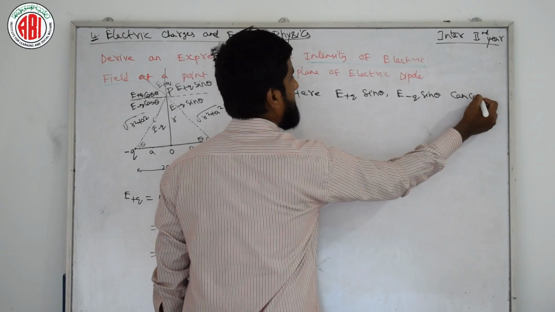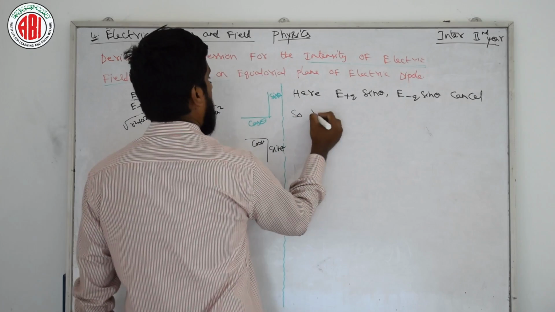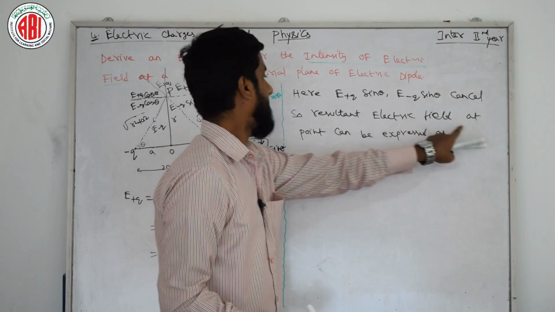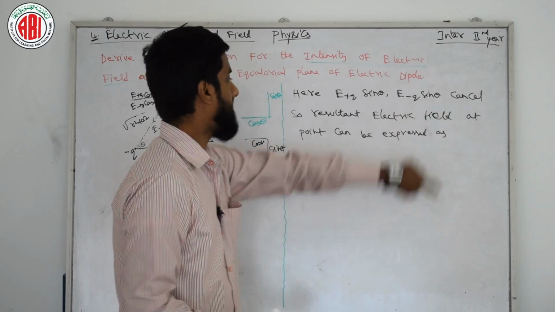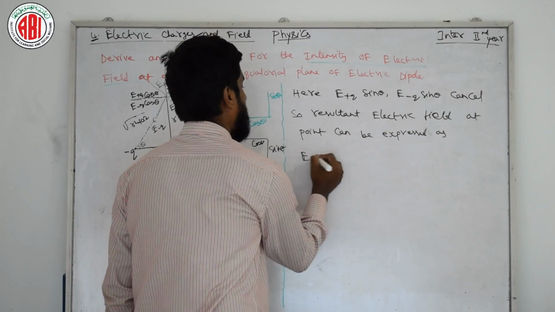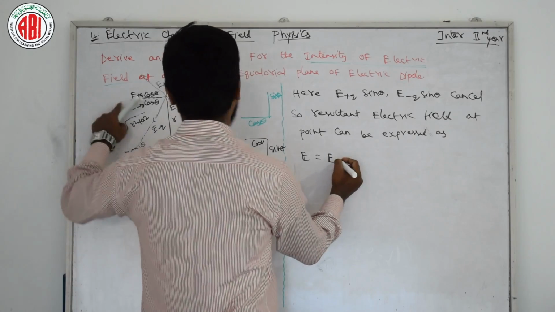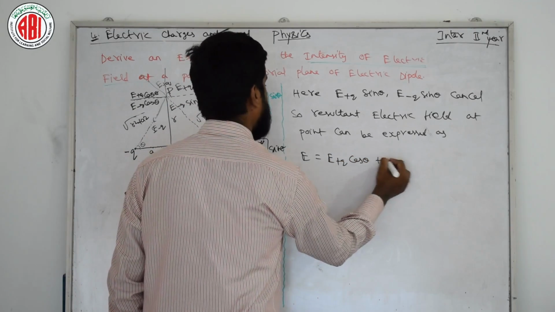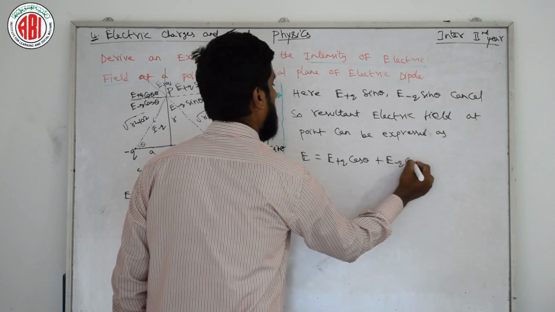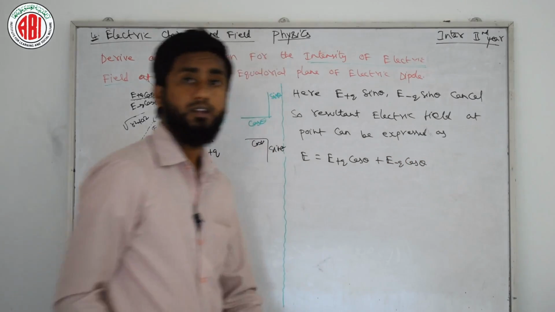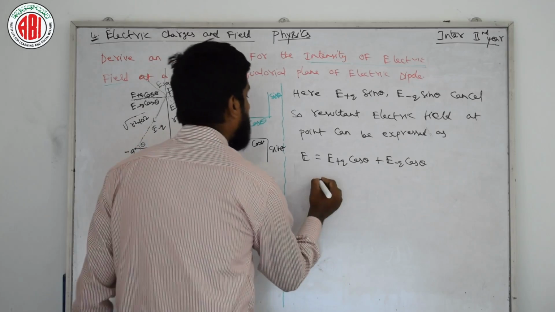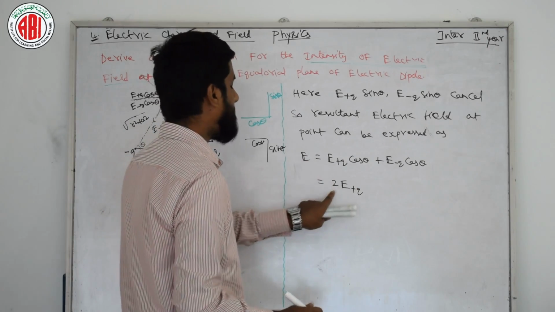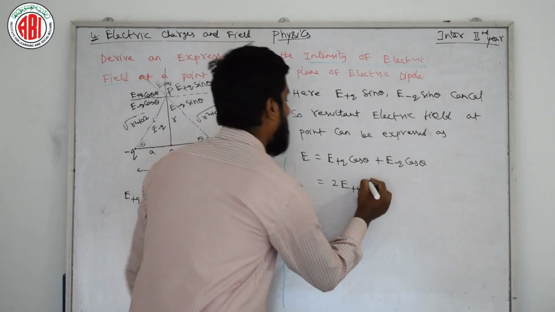So the resultant electric field at the point can be expressed as E equals E plus q cos theta plus E minus q cos theta, but here it will become 2E plus q cos theta.